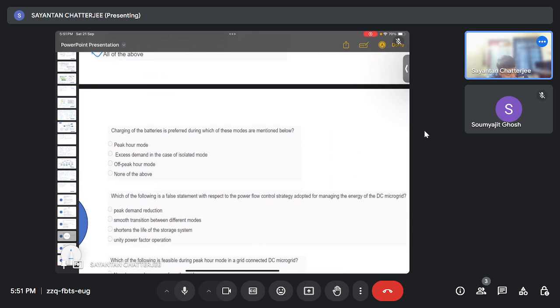Peak hour mode, excess demand mode, excess demand in case of isolated mode, or off-peak hour mode.